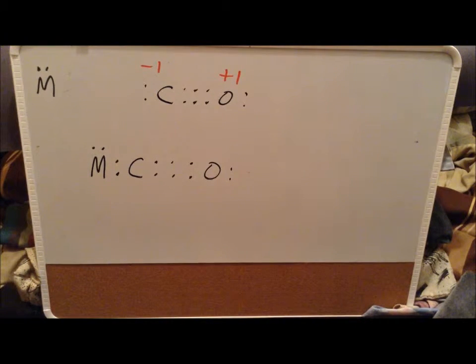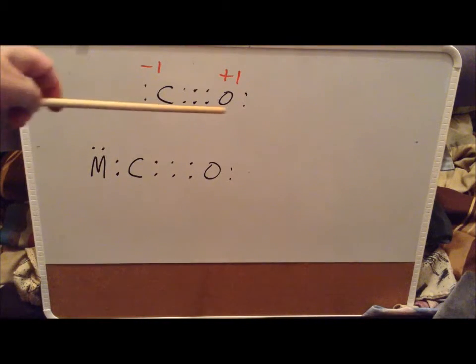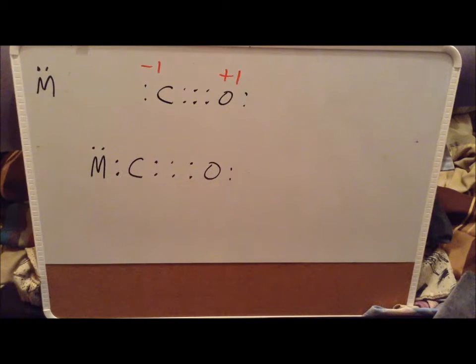So in the case of carbon and oxygen, oxygen has a much higher Pauling electronegativity than carbon, so we would assume that in a carbon-oxygen bond the negative end of the bond would be on the oxygen and the positive end of the bond would be on the carbon.